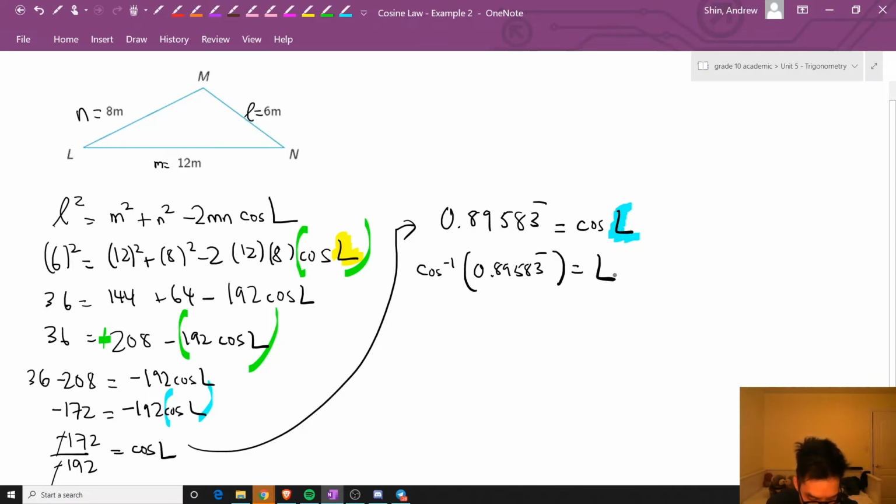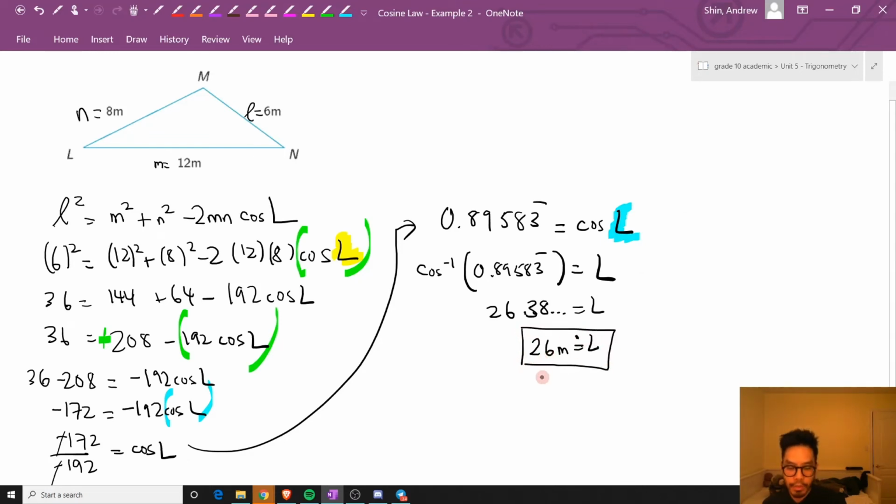I'm just going to take the cosine inverse of the answer, and I get the exact answer, which is 26.38... And I guess we can finalize it because there's no decimal places here, so we can round it to no decimal places. I'm going to signify this by putting a dot above the equal sign. Oopsies, that's not meters. Big L is an angle. We're solving for an angle, so this is 26 degrees.